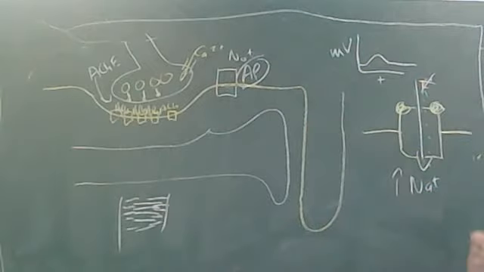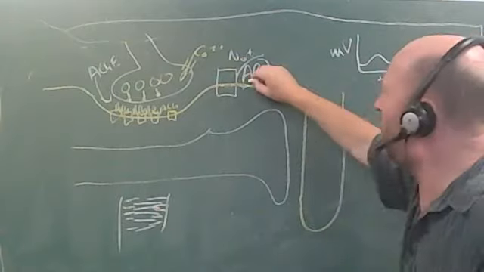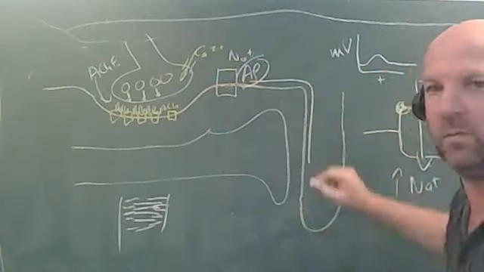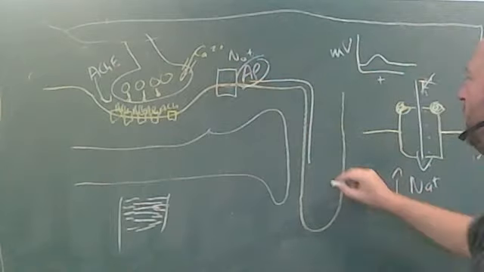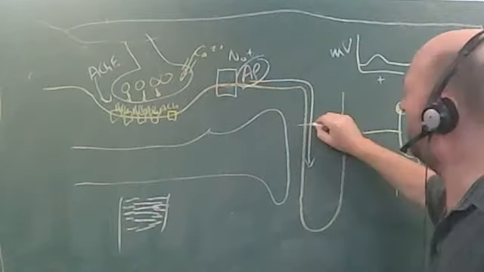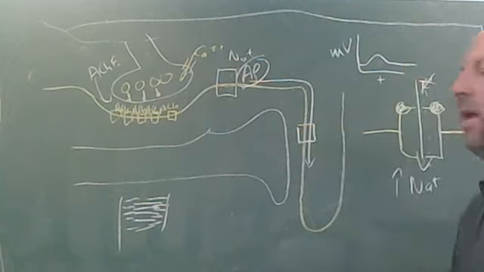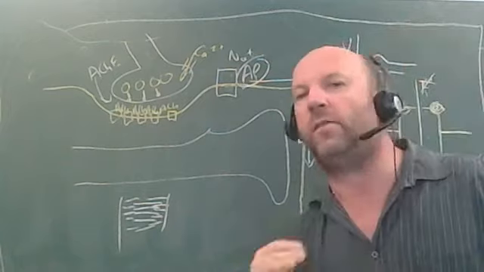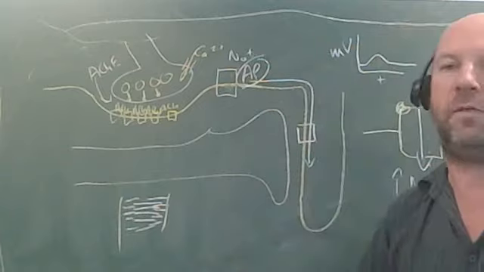Alright, so we've produced an action potential, so what happens next? You get a depolarization moving down the T-tubule, and therefore there must be something that it changes. What does it change? It changes a specific channel. This is a calcium channel, a voltage-dependent calcium channel, also known as the dihydropyridine receptor.